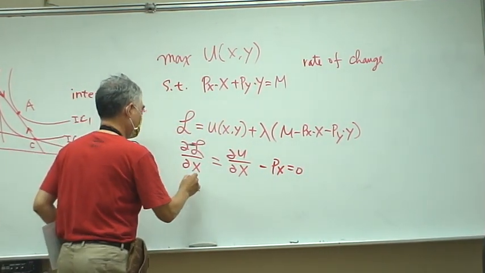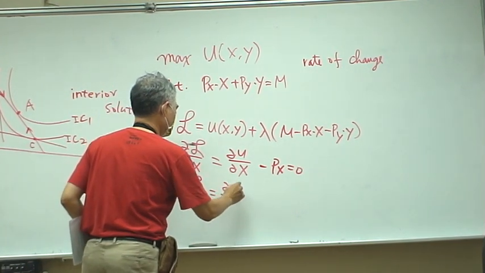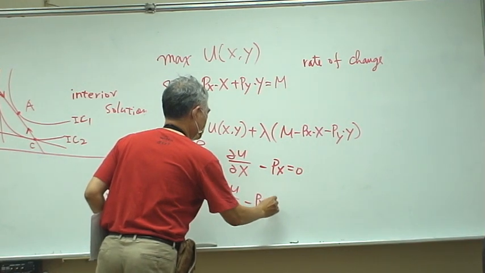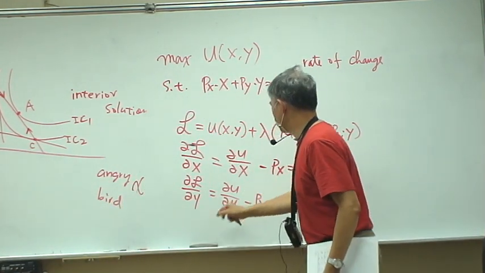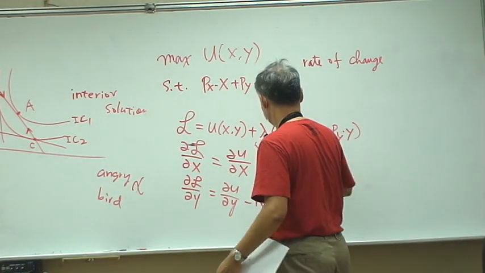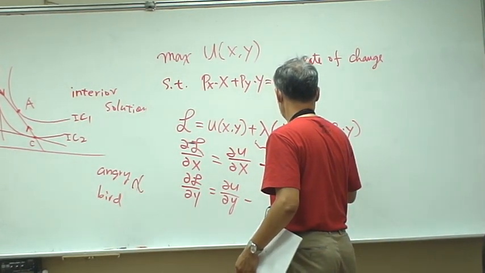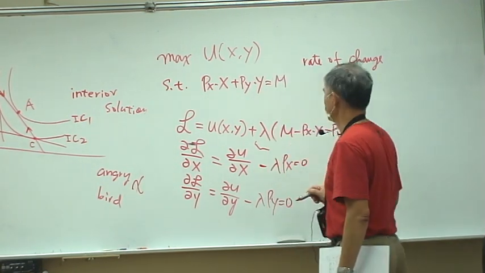And we also have partial Lagrangian, partial y, equal to partial u, partial y minus lambda py equals 0. Sorry, there's one thing missing because lambda is here. So lambda px equals 0, lambda py equals 0, okay?